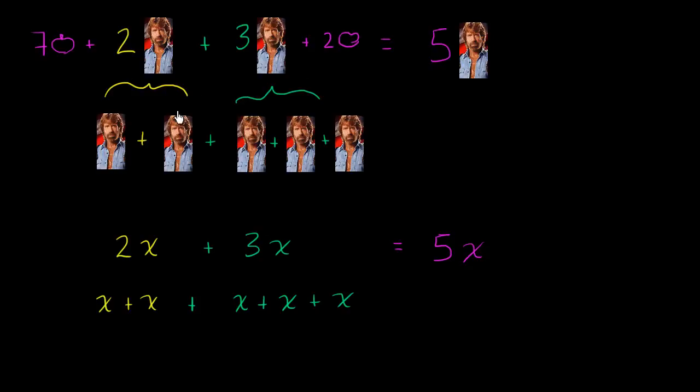So what would this whole thing be? Well, I wouldn't add the 7 to the 2 to the 3 plus the 2. We're adding different things here. You have 2 Chuck Norrises and 3 Chuck Norrises, so they're still going to simplify to 5 Chuck Norrises. And then we would separately think about the plums. We have 7 plums, and we're adding another 2 plums. We're going to have 9 plums. So this simplifies to 5 Chuck Norrises and 9 plums.